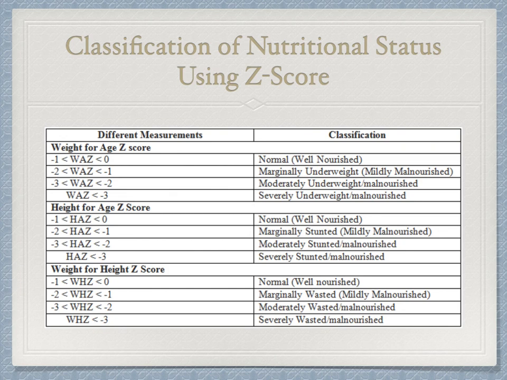So that's a really valuable one to achieve, and why getting an accurate height is so frustrating sometimes, because we do rely on that to see if they are growing properly and proportionally. If you do have a weight for height or BMI z-score that is low, that indicates wasting, severe wasting, and it becomes one of the criteria for malnutrition, which we're going to move on to next.